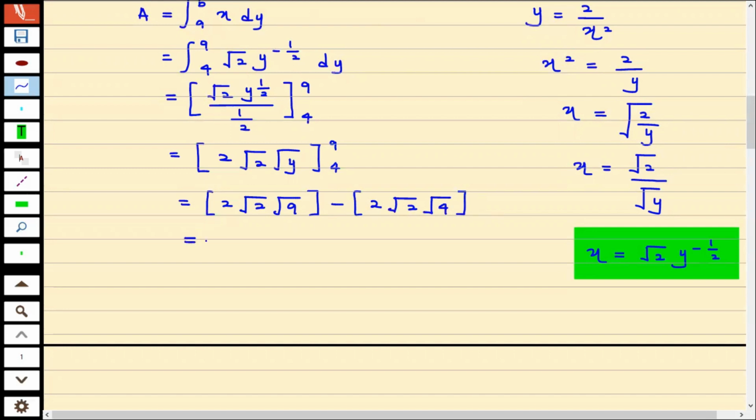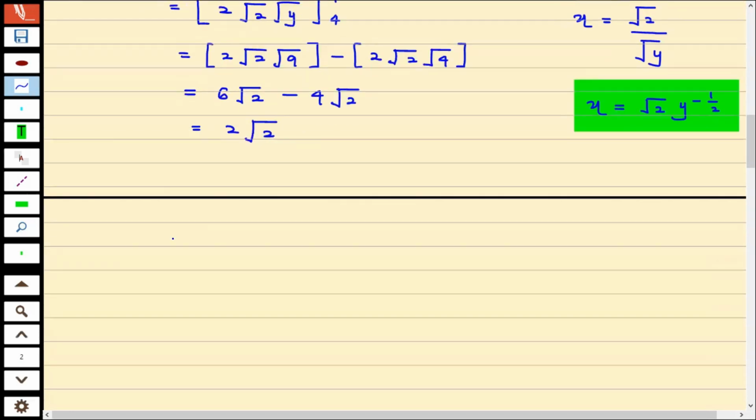Okay, class, look here. Square root of 9 is 3. So 3 times 2 here is going to be 6. Minus. Okay, square root of 4 is 2. So 2 times 2 here, it will be 4. Okay, this one we can minus. So 6 minus 4 is going to be 2.